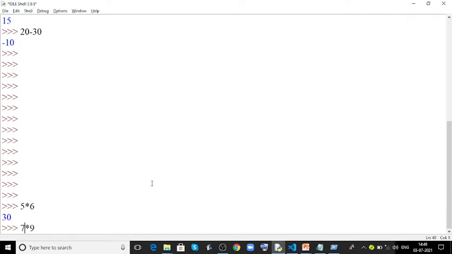What is the answer? 7 nines are 63. Now 3 into 6 into 2. We can apply as many multiply operators as we want in Python. Now what is the answer? 36.